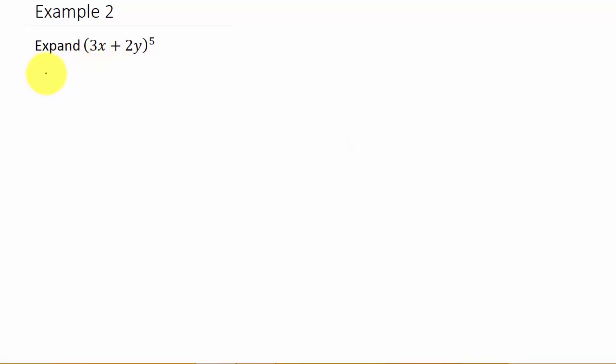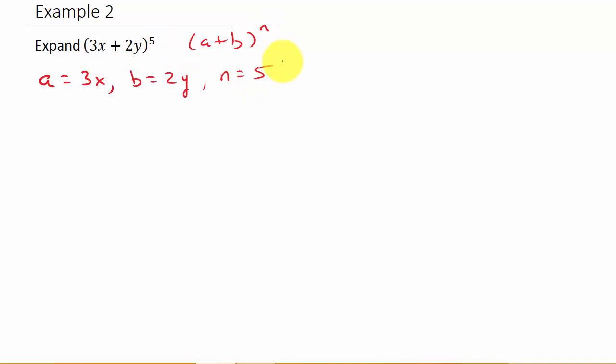In this problem, remember it's in this form, (a + b)^n. So a is 3x, b is 2y, and n is equal to 5.